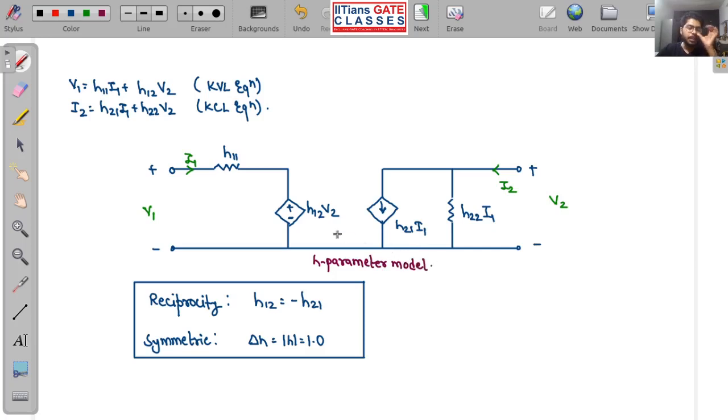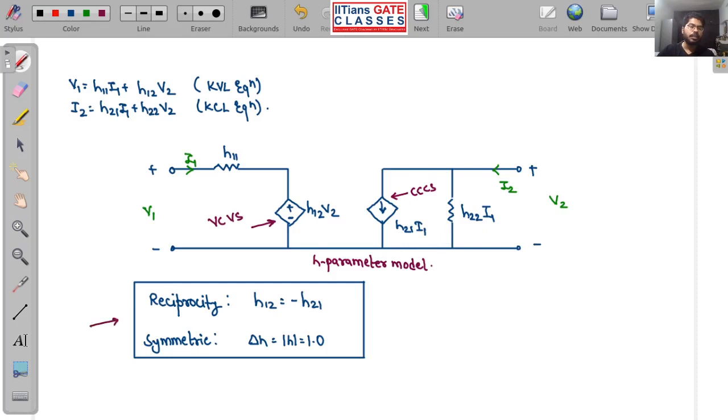Here you can see this is a voltage controlled voltage source. And this is a current controlled current source, and the H parameter model is something like this. Very simple. I2 is equal to H21 I1 plus H22 V2. So all of this is satisfied.